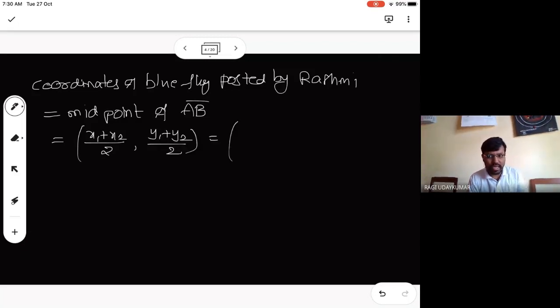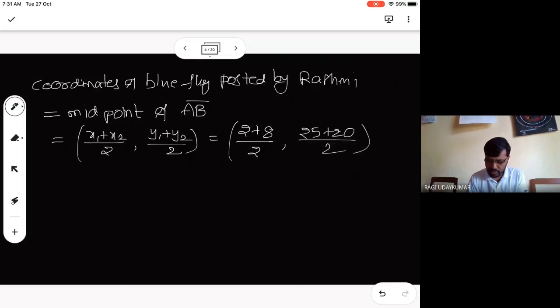So what are x1, x2 here? The distance of the lines is 1, the girls' are 2 and 8. 2 plus 8 by 2. Another one, 25 plus 20 by 2. So which is equal to, in between both, 5, and 45 by 2. 45 by 2 is nothing but 22.5.